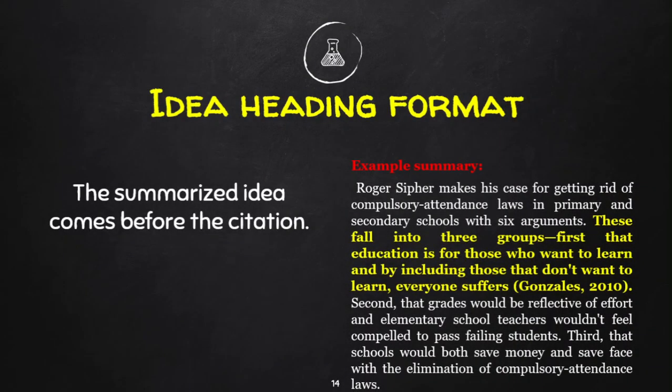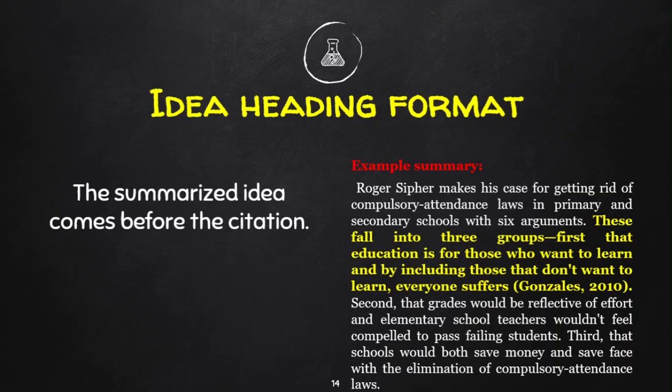So what is idea heading? When you follow this format, the summarized idea comes before the citation. So try to look at the example on the right side. As you have noticed, the summarized idea is presented before the author who said it. For example, let me read it to you. These fall into three groups.